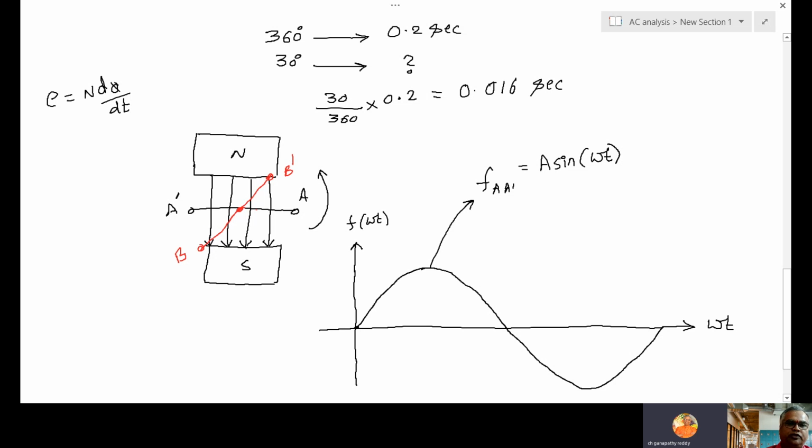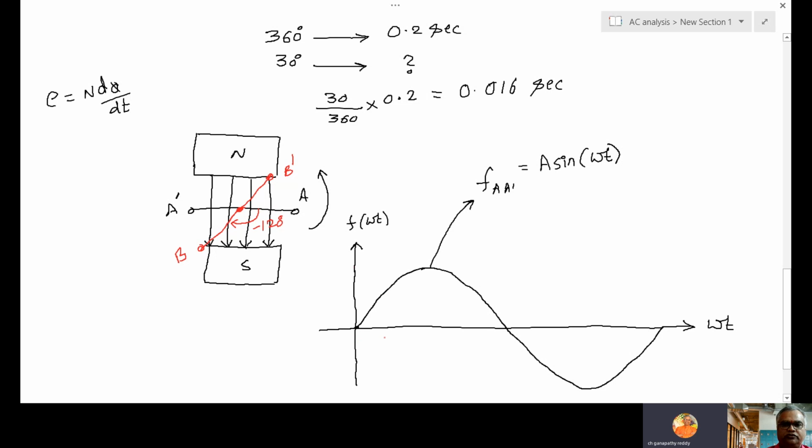So here how many degrees separation is? 120 degrees. So minus 120 degrees. We are placing another conductor B dash with 120 degrees apart. Voltage across B dash is also sine wave. Voltage across A dash also sine wave. Only phase difference is 120 degrees. Negative means lagging. Lagging means it will start later.